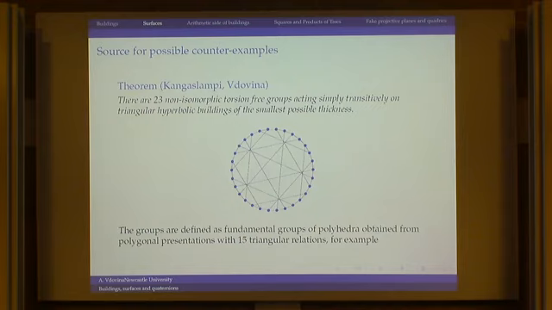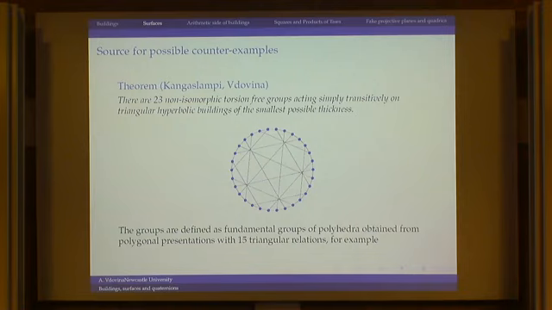So we get a set of hyperbolic triangles with angles pi over 4. And we get buildings with apartments which are tessellated by these equilateral triangles.